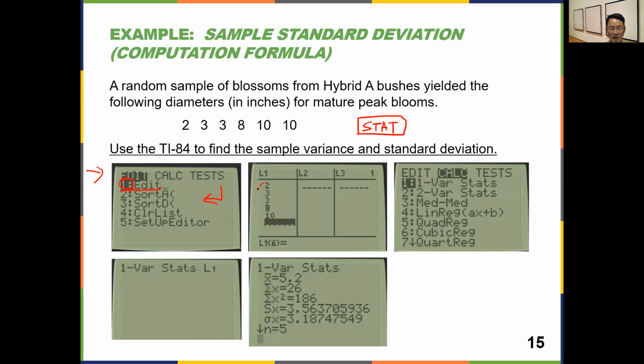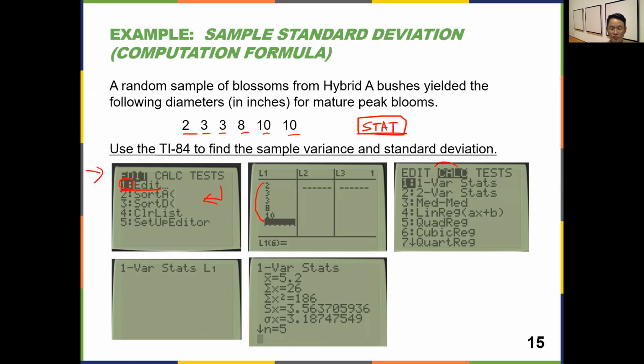In the table right here, you type these numbers one by one: 3, 2, 3, 3, 8, 10, 10. Then you hit STAT again and it'll show you this window.